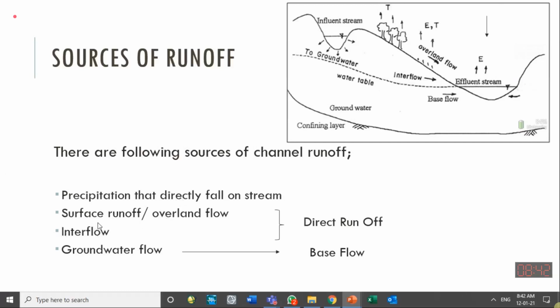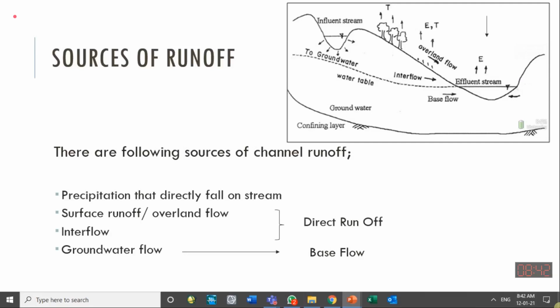Another component is interflow, the name given to that part of the flow which comes from under the ground but above the water table. That is the unsaturated zone of the soil. A different name for this part of the soil, which agriculture people or some groundwater people use, is the vadose zone.